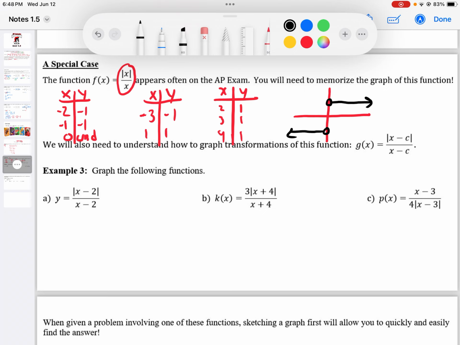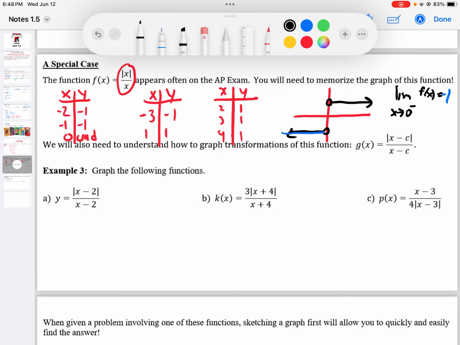So that's what these graphs look like. Just straight, flat lines. It's going to be +1 or -1. So it's piecewise. So from the left, it's approaching some number. From the right, it's approaching some number. So if I want to know what is the limit as x approaches 0 from the left of f of x, from the left, it's approaching -1.